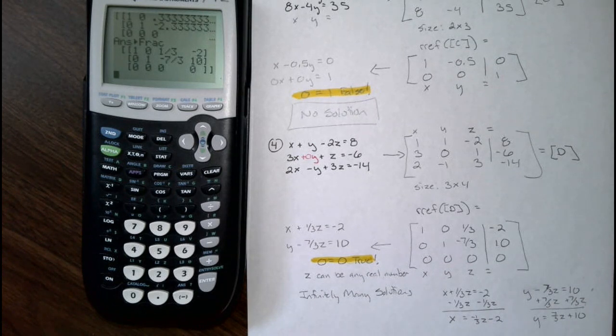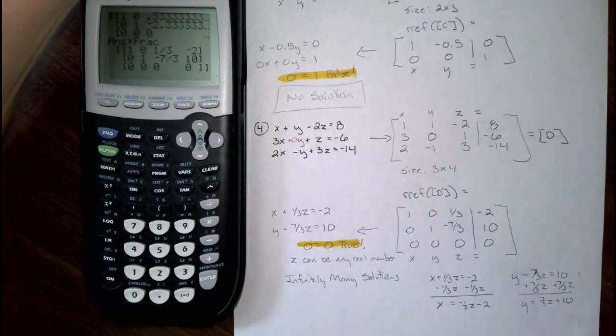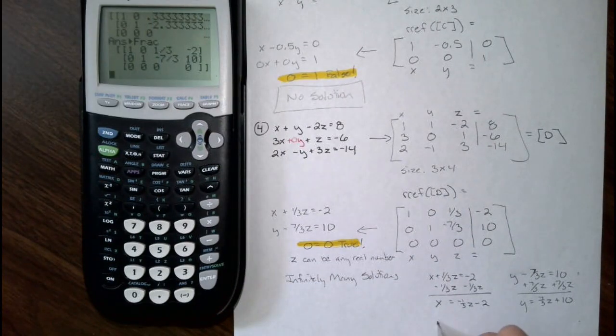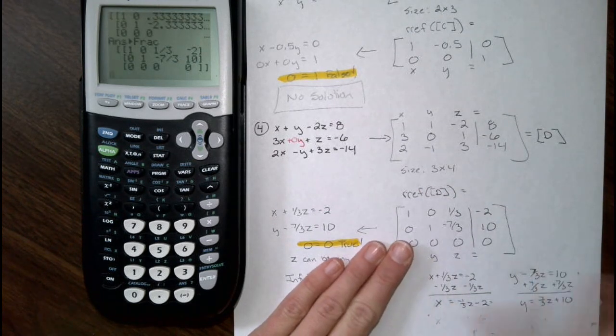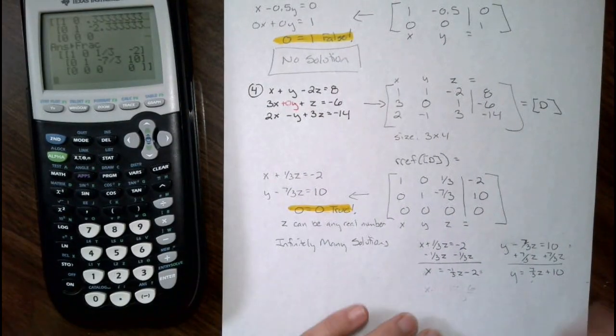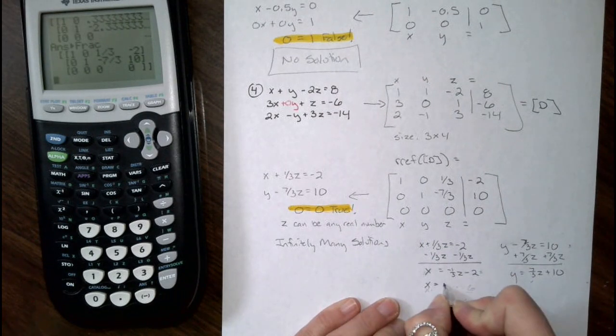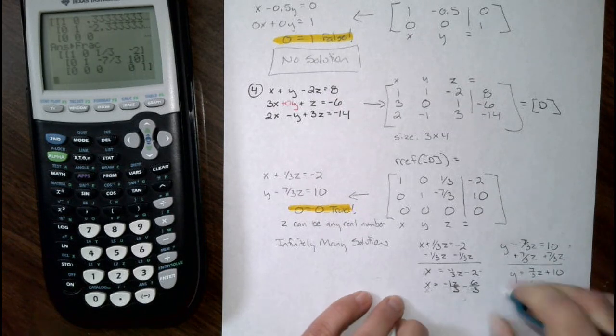If I get a common denominator here, what we have is x is equal to -1z minus 6/3. Actually, let me work this out so you can see all of it. I don't want to skip too much here. You can see that x is equal to -1z/3 minus 6/3.